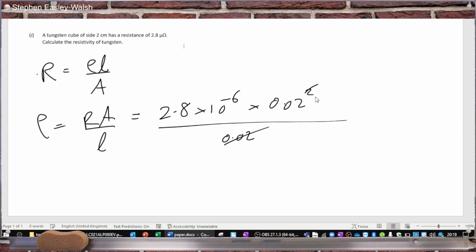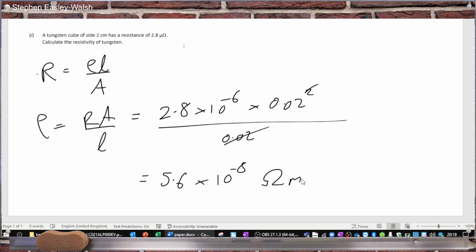So that's nice. Pretty small. 5.6 times 10 to the minus 8 ohm meters.